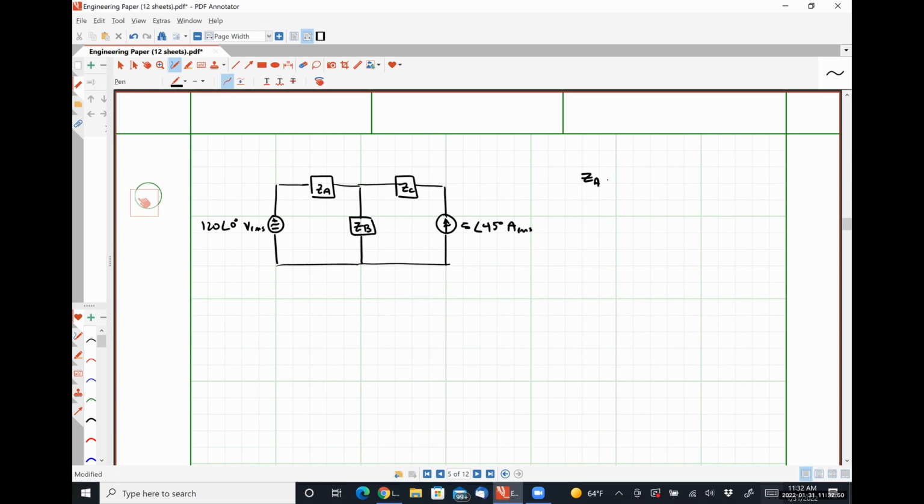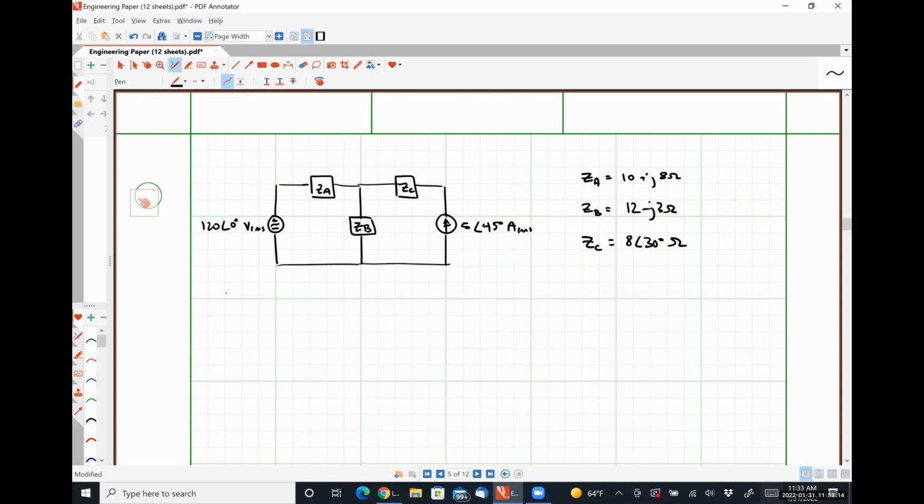And let's say that ZA is 10 plus J8 ohms, ZB is 12 minus J3 ohms, and ZC is 8 angle 30 degrees ohms.